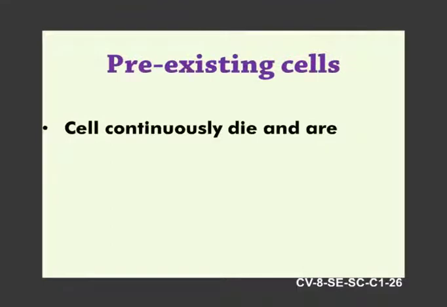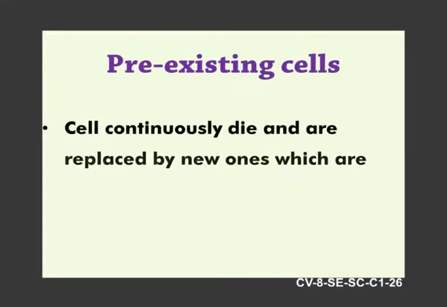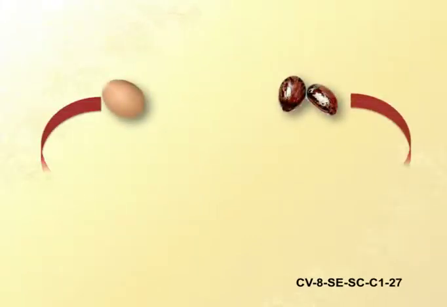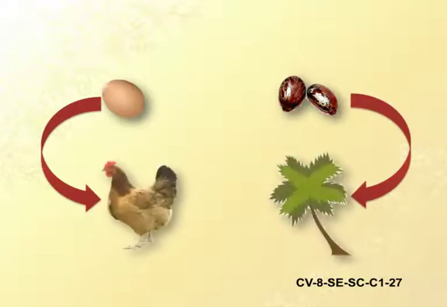Cells continuously die and are replaced by new ones, which are formed by division of younger cells, which means cells are formed from pre-existing cells. Yes, copy these points. The life of both plant and animal started as an egg and seed, respectively, which are nothing but cells.